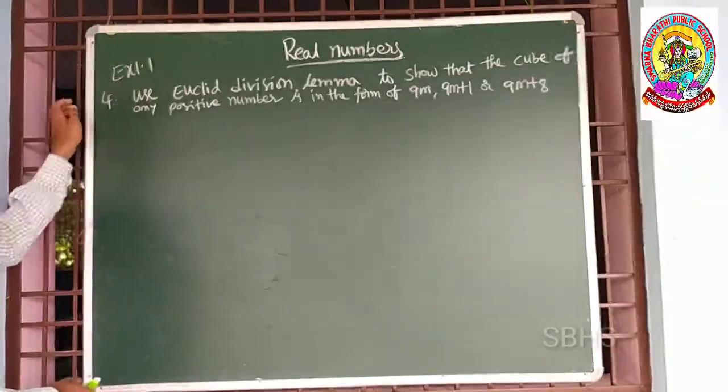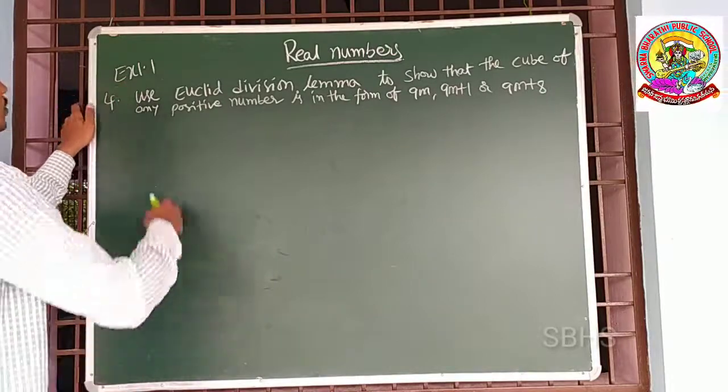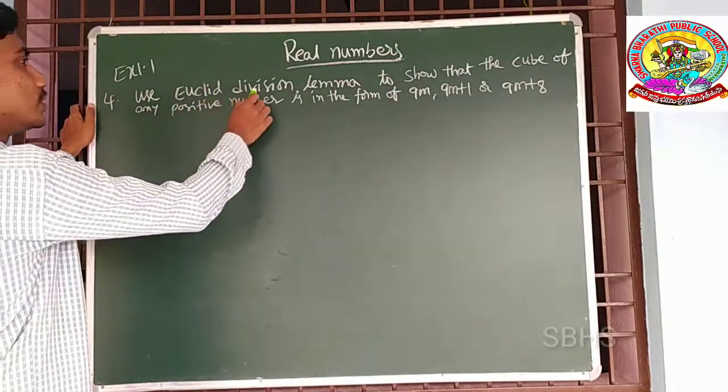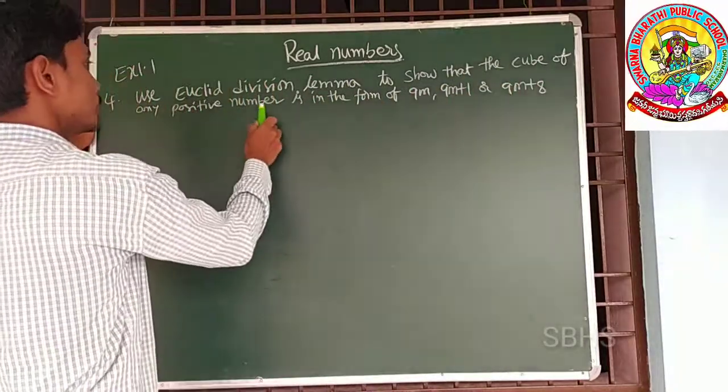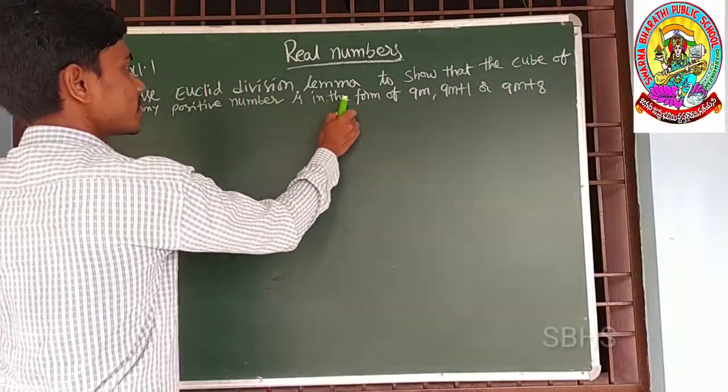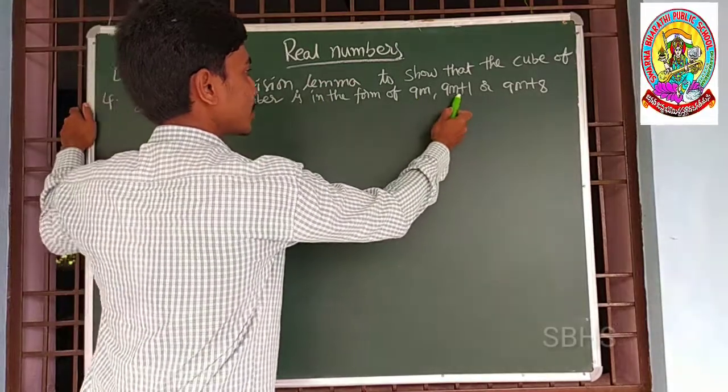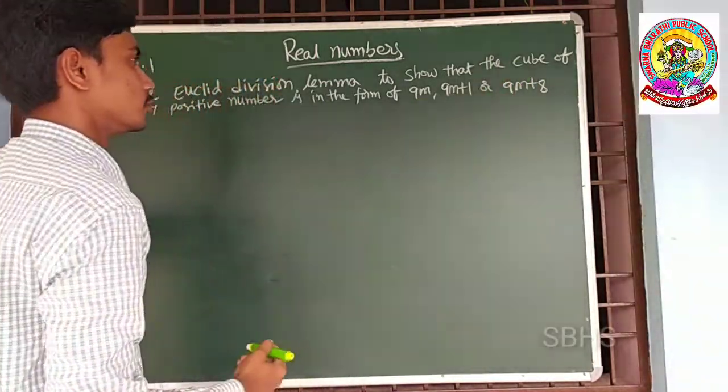Now the question is, in exercise 1.1, the fourth one: use Euclid division lemma to show that the cube of any positive integer is in the form of 9m, 9m plus 1 or 9m plus 8.